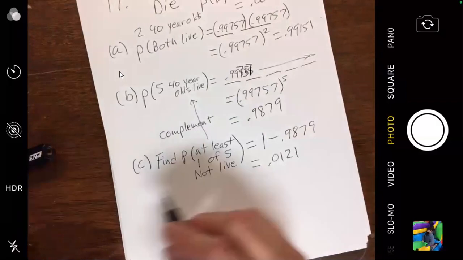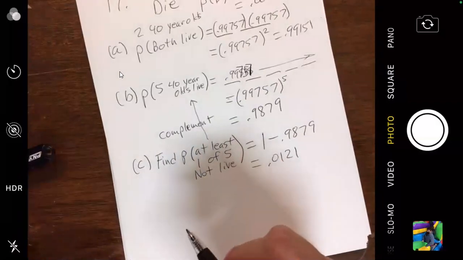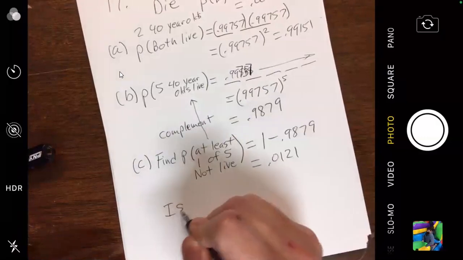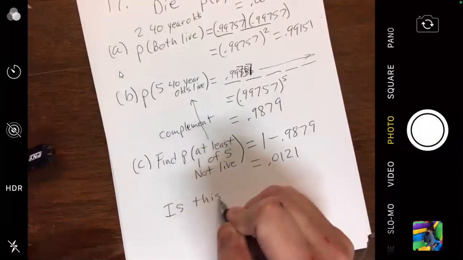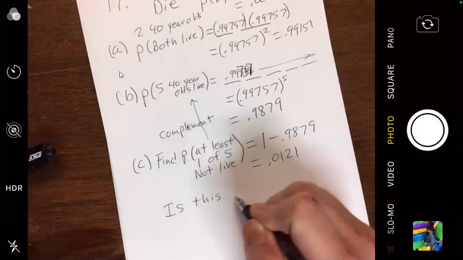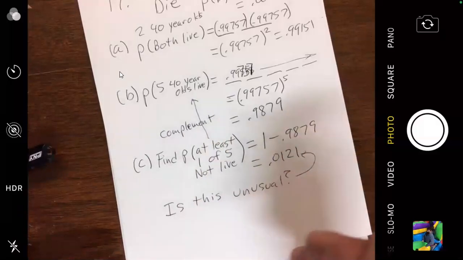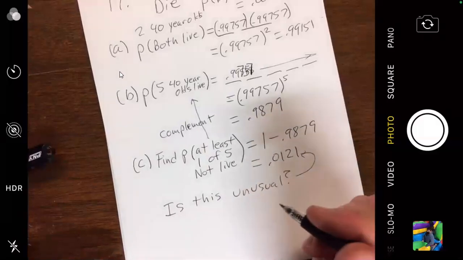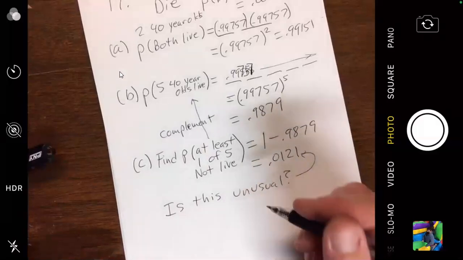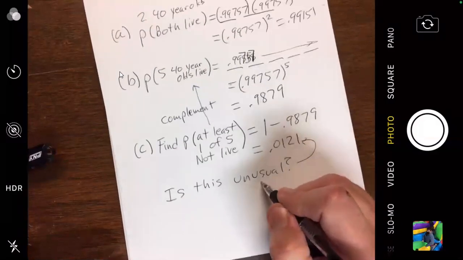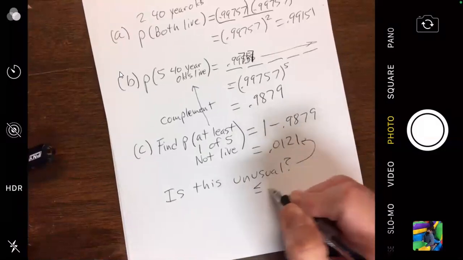All right, then in the same part, is it unusual? Basically, they're asking, is this unusual? They're talking about this. They're repeating the same thing, if at least 1 of 5 did not live. All right, do you remember our criteria for unusual? Yes, is it 5% or below? 0.05 or below, less than or equal to 0.05.